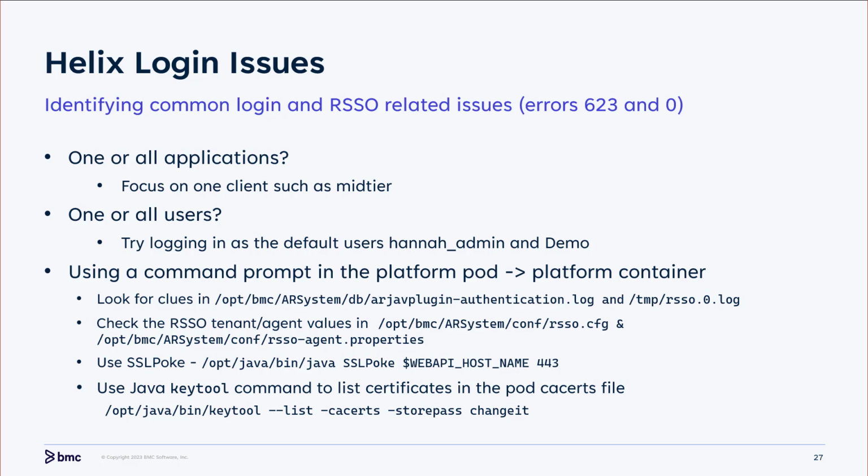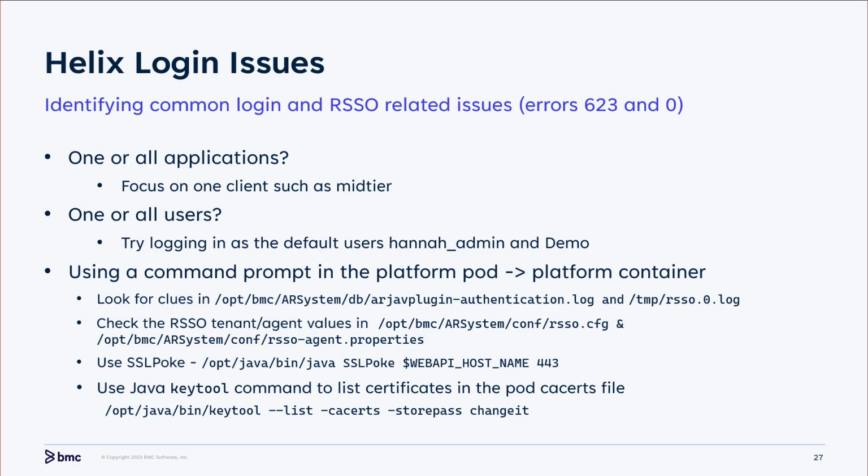Look in the RSSO log that's listed there. If you've got problems with the RSSO realm, for example where you've configured the application URLs and the tenant name, they will show. If you've misconfigured one of those, it will show up there. Check those values in those two configuration files and make sure that they're consistent with the other components.